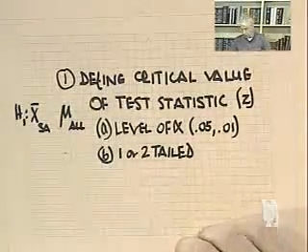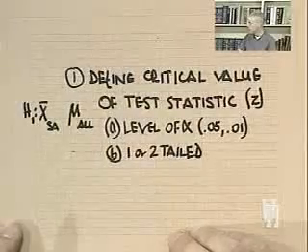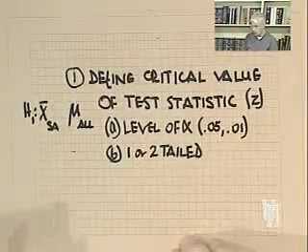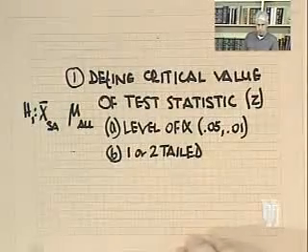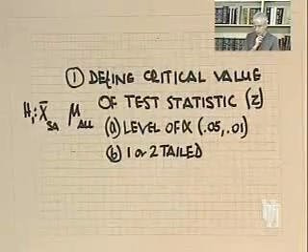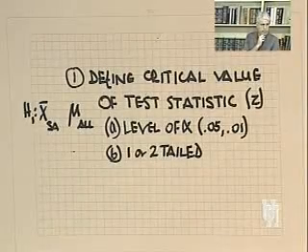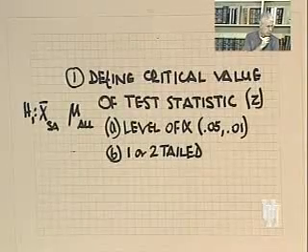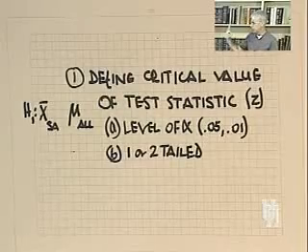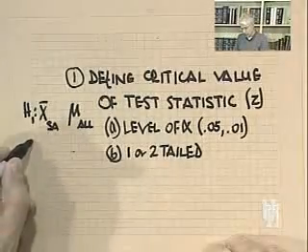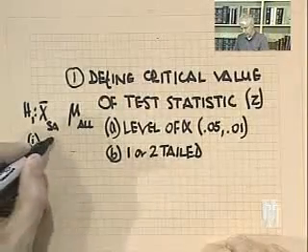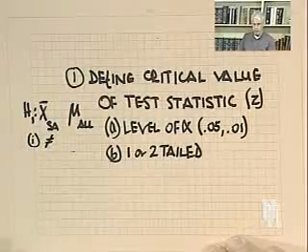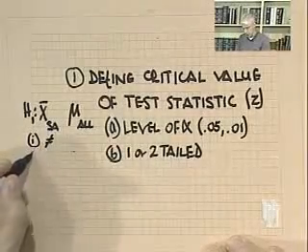Let's think in terms of the research hypothesis H1. What is the relationship that is posited between X bar and mu? You have 3 choices here. Choice 1 is that they are not equal, that they are different.